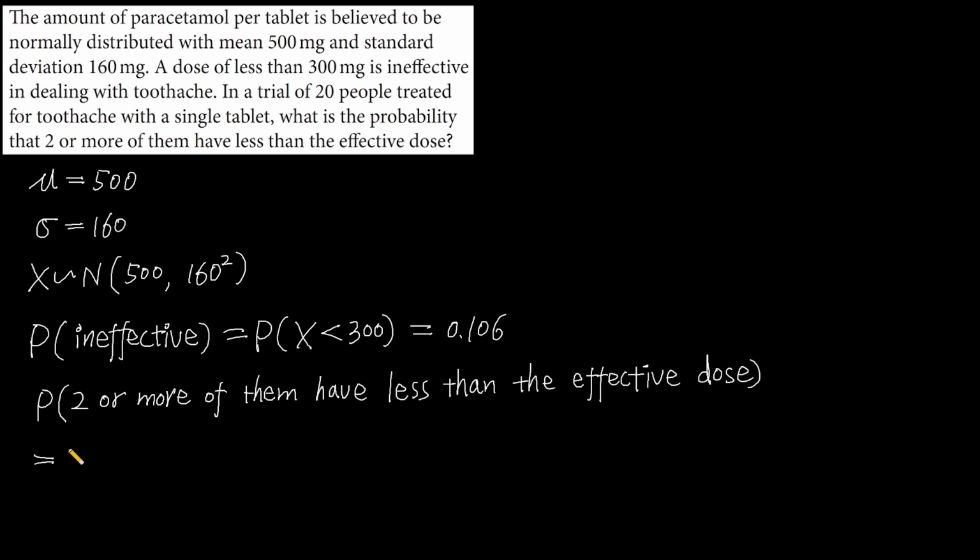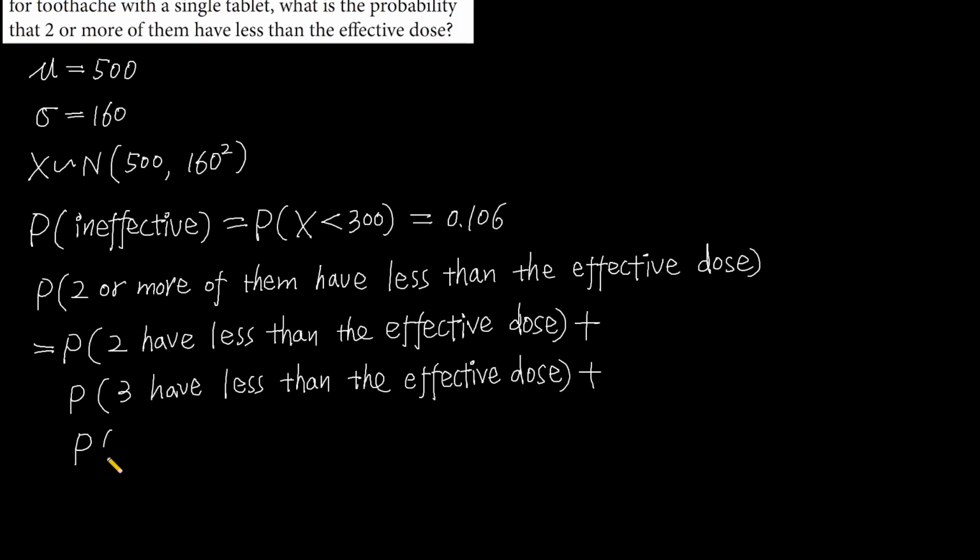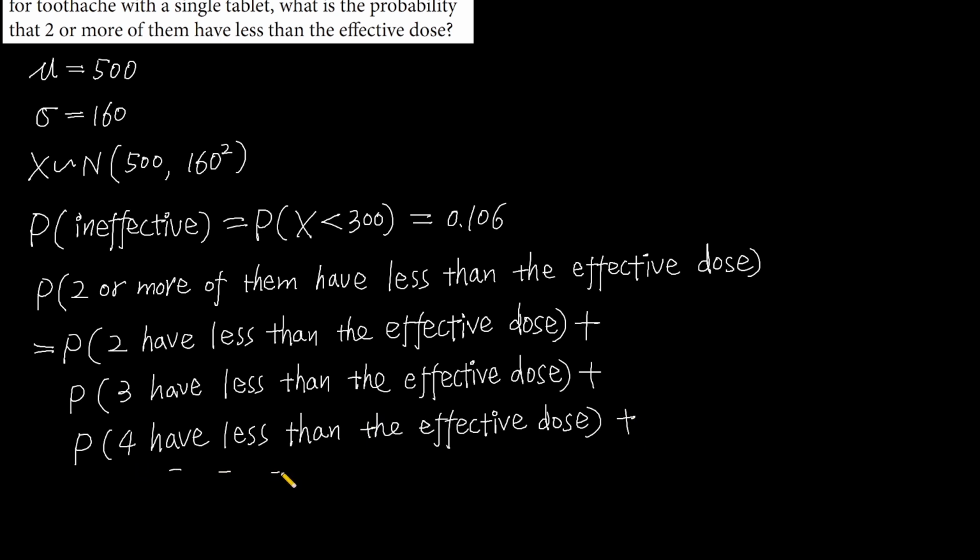This equals the probability that two have less than the effective dose, plus the probability that three have less than the effective dose, plus the probability that four have less than the effective dose, and continue until the probability that all 20 people have less than the effective dose.